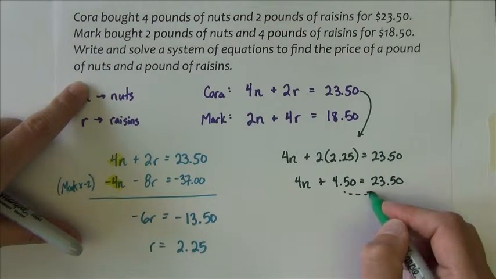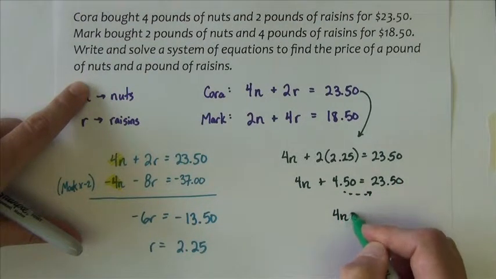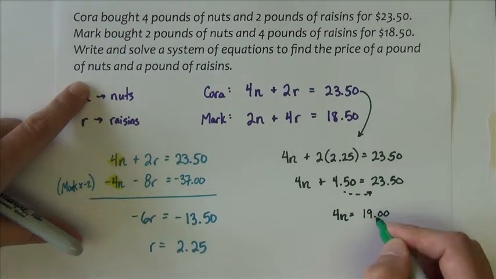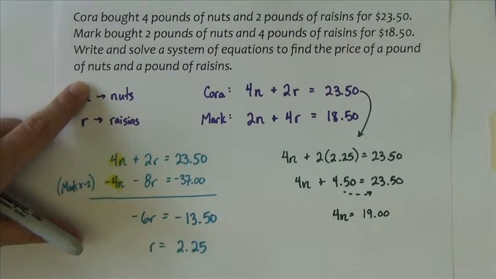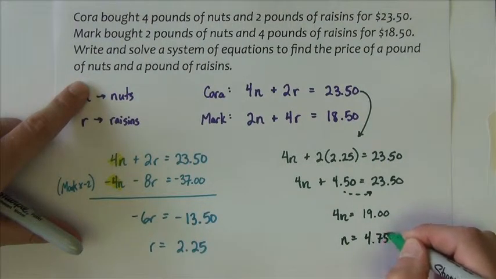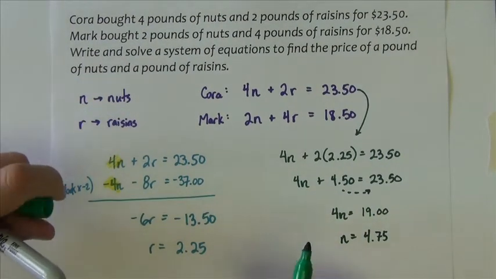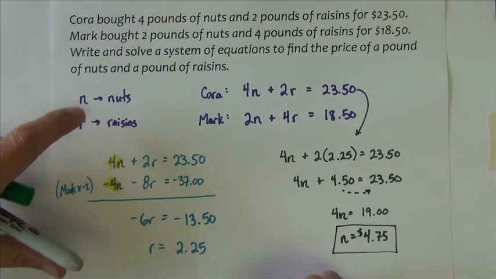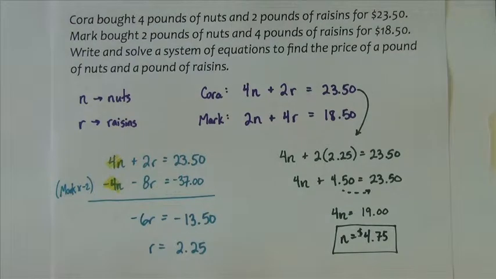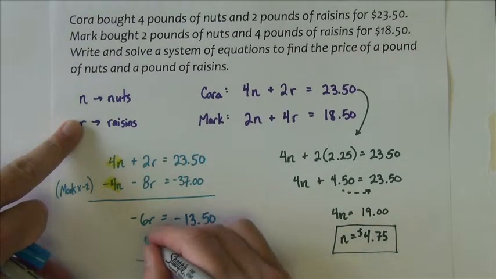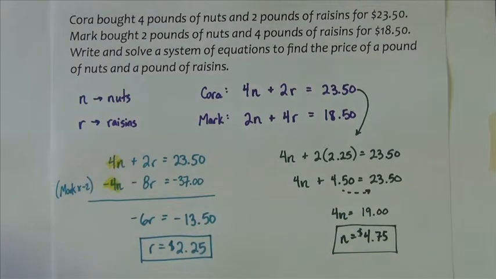I'm going to subtract 4.50. So 4n is going to be $19. And 19 divided by 4, n equals 4.75. So I suppose let's put some units on these. A pound of nuts is $4.75. A pound of raisins is $2.25.